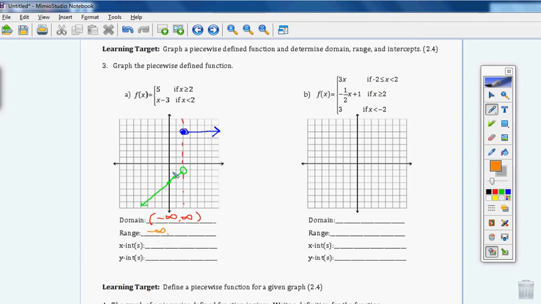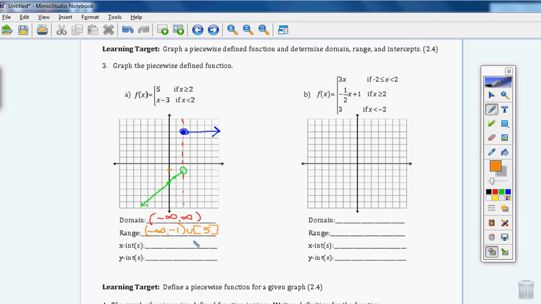But then my whole graph stops right here, which is at -1. And it's an open circle, so we're going to have parentheses. And I start right back up at 5, but it's that horizontal line. So let me erase that. That should be a bracket at 5.